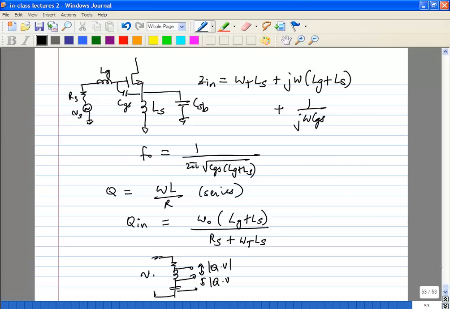The magnitude of the voltage is Q times V. So what that means is, in this case, the gate to source voltage of the transistor is actually Qn times Vs. Remember, when we talked about the series resonant network, I told you it can be used for passive amplification. So this is one case. The other advantage of doing this kind of matching is that you get some extra amplification through your Q.